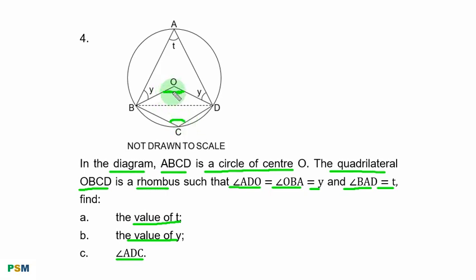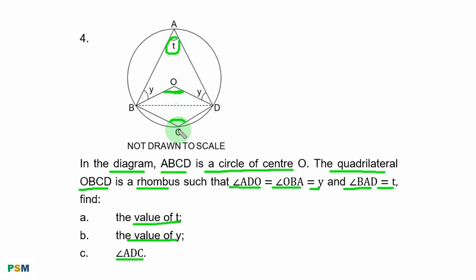Now, this angle here is angle at center, which is twice angle at circumference. Then angle A and angle C, they add up to 180 degrees.